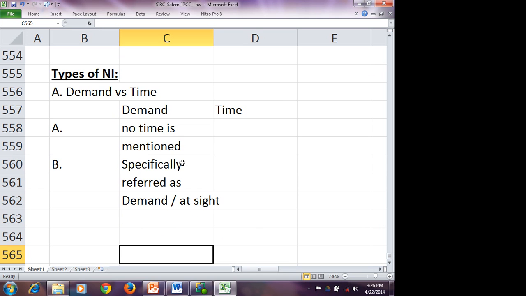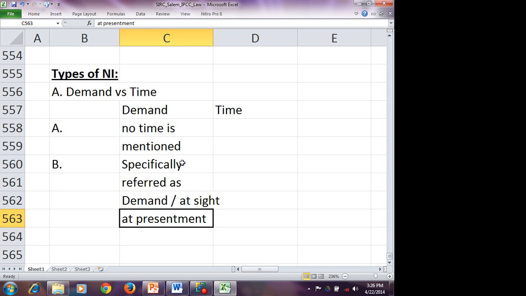It's as good as a demand instrument. So an instrument can be called a demand instrument if no time is mentioned, or if it is specifically drawn payable upon demand, at sight, or on presentation.